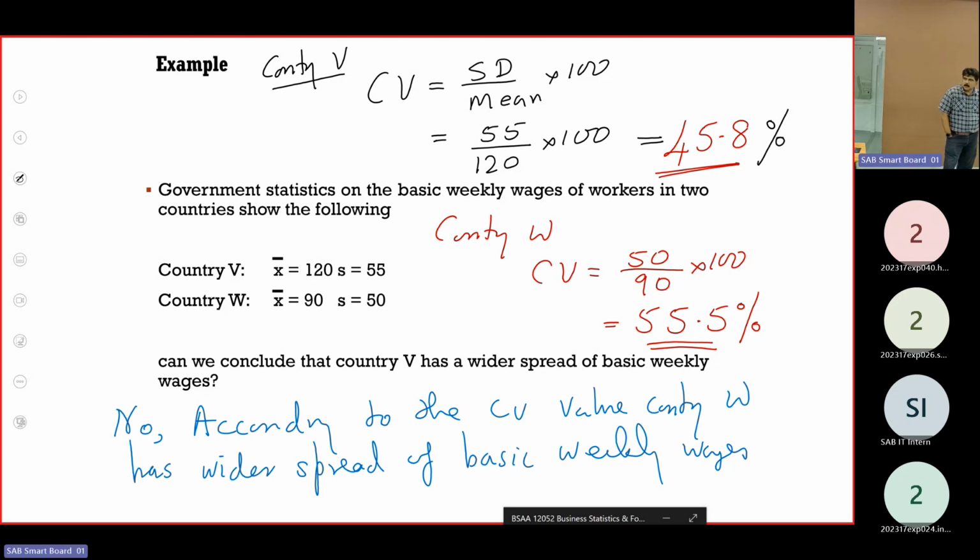So that concludes chapter 2. So we have done 2 chapters, measures of central tendency, chapter 1, measures of dispersion, chapter 2, and now chapter 3.